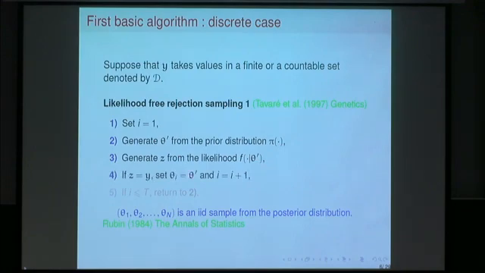If the data that you have sampled is exactly equal to your observation, then you accept. If it's not, then you go back to the start, sample new data z from f theta prime, and check whether they are equal or not. And what's interesting is that the thetas that you have kept are sampled from the posterior distribution.